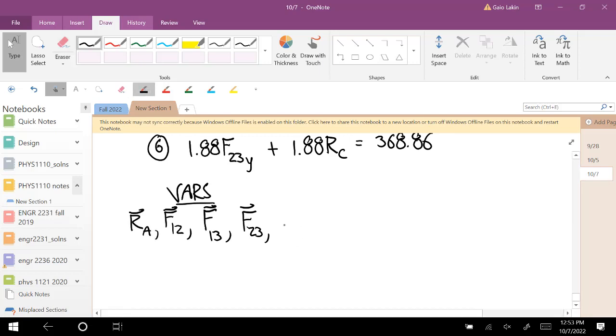So now we have 9 variables and only 6 equations. So we still can't solve for anything yet. But we still have these 6 equations that are going to go in our big matrix at the end. What you'll see is when we do the last body, we're not going to have to add any more variables. We'll have 9 equations and 9 variables. We can plug it all into the matrix and solve for all of those.